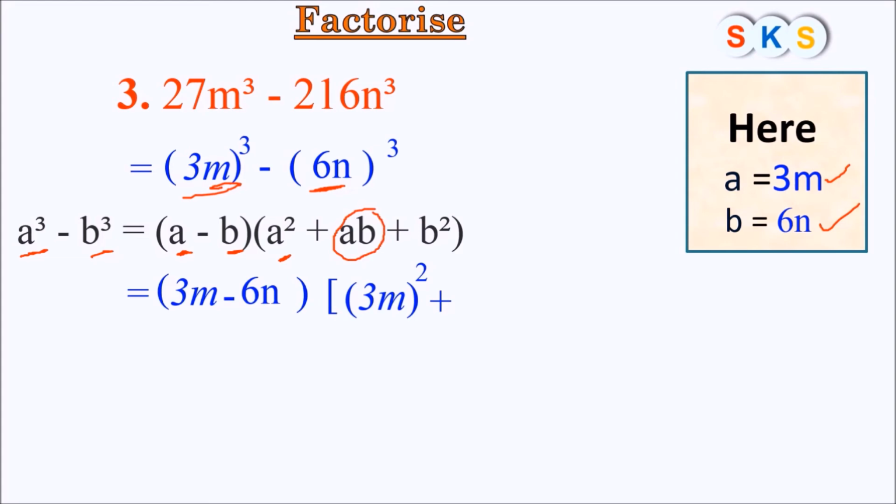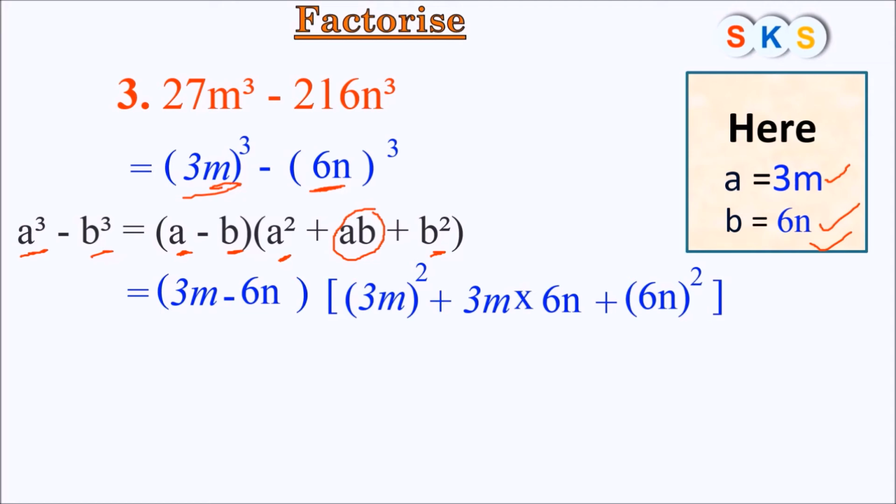You can see in the rectangular box, it's 3m and 6n, so we will write here 3m into 6n plus, what is the last term of the second bracket in this formula? We have b square. And what is b? It's 6n, so we will write here 6n the whole square. Now we will close the bracket.